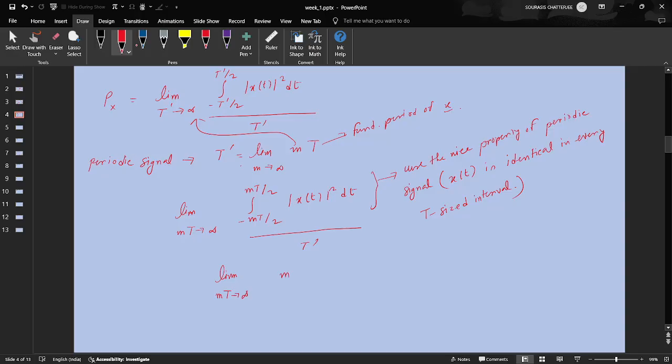We can take m outside, integral from minus T by 2 to T by 2 of |x(t)|² dt, and T dash is also written as mT. Now you see the crucial part: this can only be written when x(t) is identical in every T-sized interval, and that is exactly what happens for any periodic signal. So now this m cancels out. So for a periodic signal, we are left with the following expression of power.